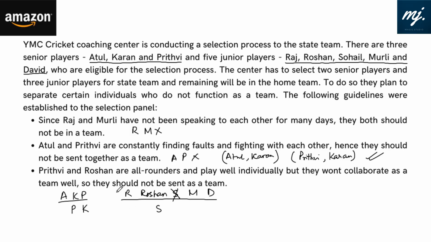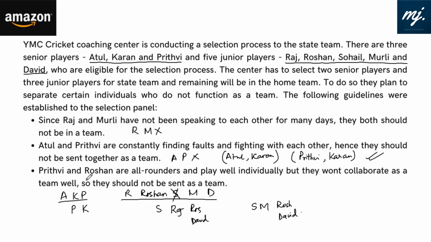Now Sohail is there. Let me cut out Sohail. Out of Raj, Murli, only one can be there. So Raj or Murli if we keep. Now we are left with Roshan and David. So we can have Roshan or David.